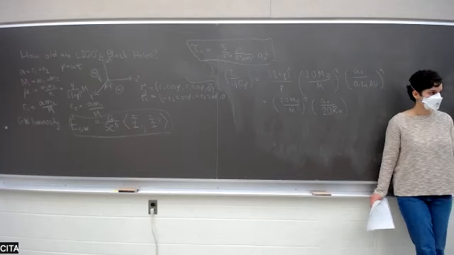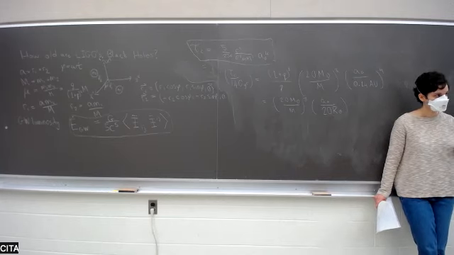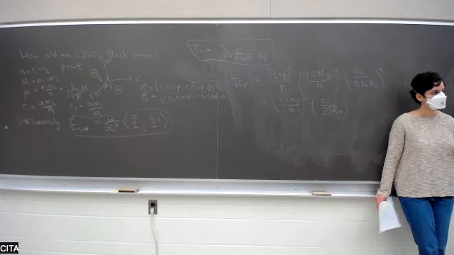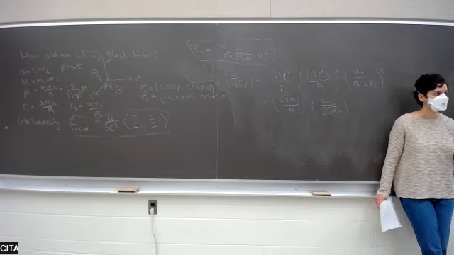Whereas the orbital period is the light crossing time across the black hole times A over the gravitational radius, to the 3/2 power.